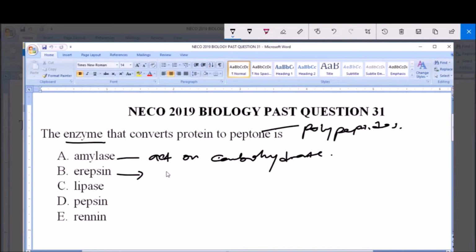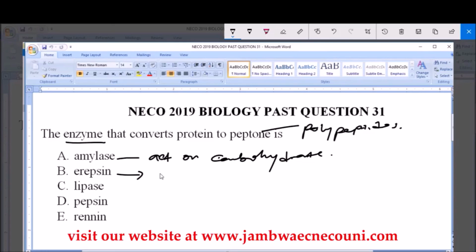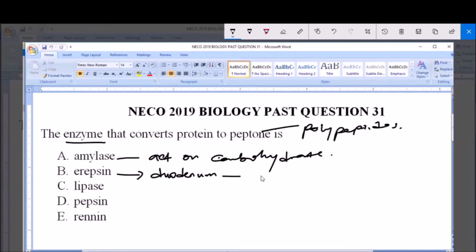Erepsin is an enzyme that is located in the duodenum. You find this in the small intestine, and it helps to convert proteins to polypeptides, that is, the proteins that were not acted upon by pepsin in the stomach.